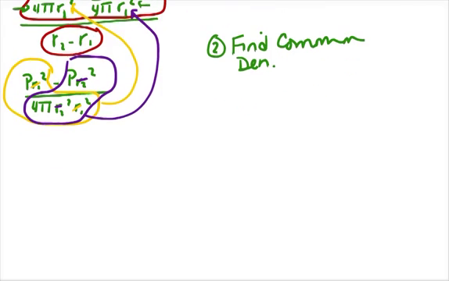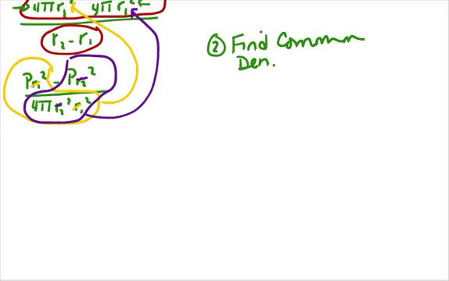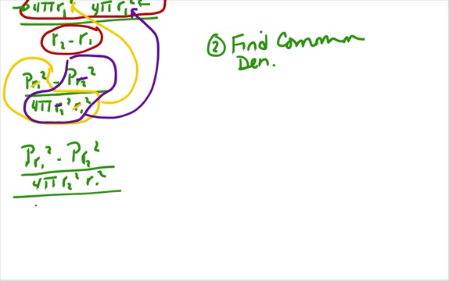Alright, so the next concept that we're going to use is, well, you could do 2 things. You can factor out a common factor. Let me rewrite, since I played around with this. P r1 squared minus P r2 squared all over 4 pi r2 squared r1 squared divided by r2 minus r1. Alright, so that's the step after we found the common denominator.